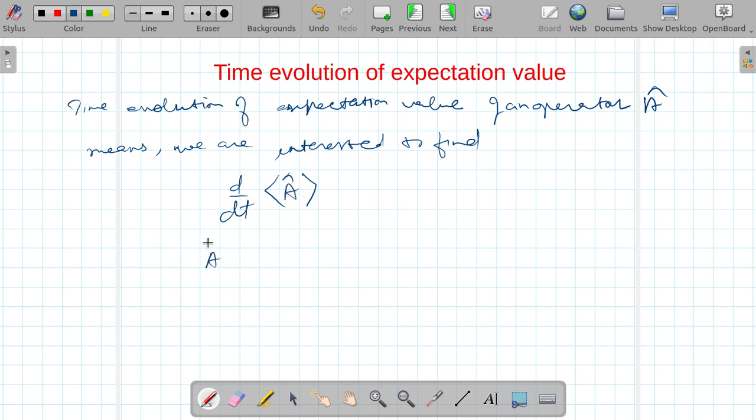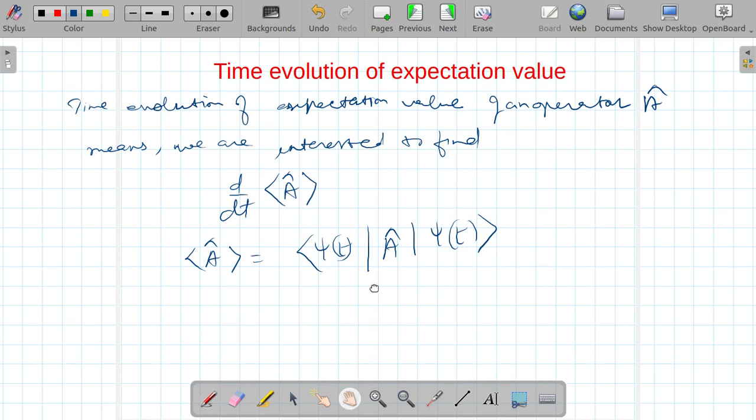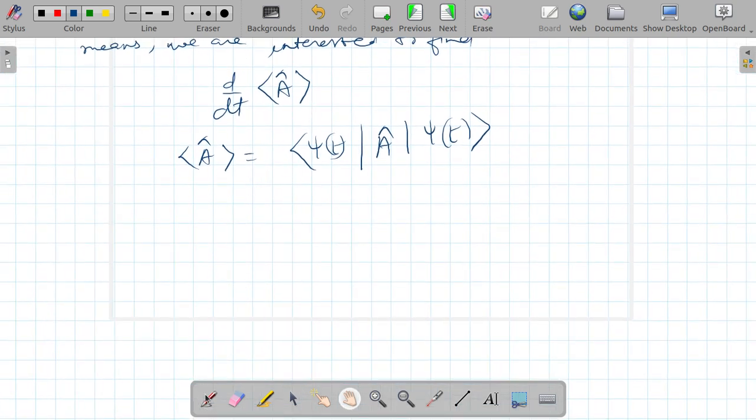Now let us define the expectation value of the operator, and the expectation value of an operator is defined in this way. Now let us calculate its derivative.